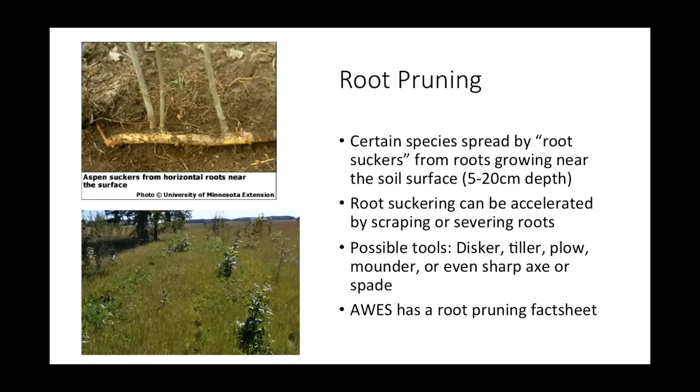A classic example of this is trembling aspen. They can send out root suckers, and their roots will travel along underneath the soil surface for 100 feet, even up to 150 feet sometimes.